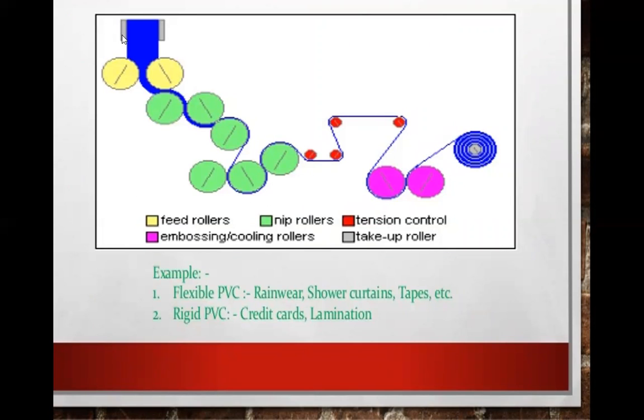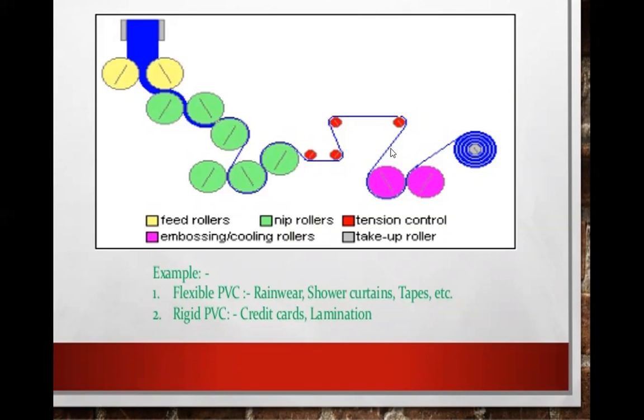See here. The plastic material, whatever is obtained through the extrusion molding, is passed into this roller. This is called the nip roller. This is called the feed roller. After passing this plastic material through the nip roller, it is passed through the tension control roller.